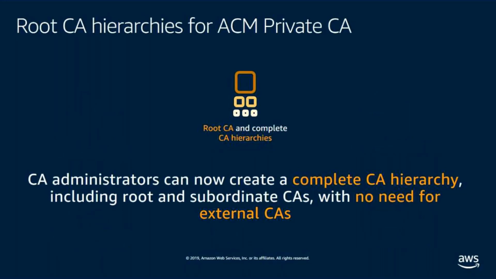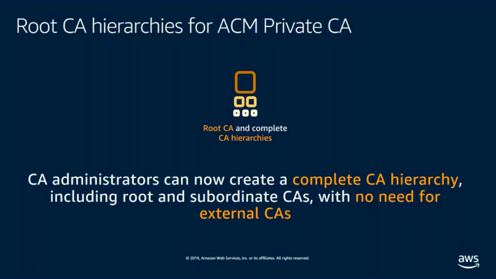In June of this year, 2019, we launched root CA hierarchies for ACM Private CA. This is a new feature that allows CA administrators to use ACM Private CA to create a complete CA hierarchy, including online root and subordinate CAs, with no need for external CAs. ACM Private CA also allows a hybrid hierarchy with offline and online CAs.